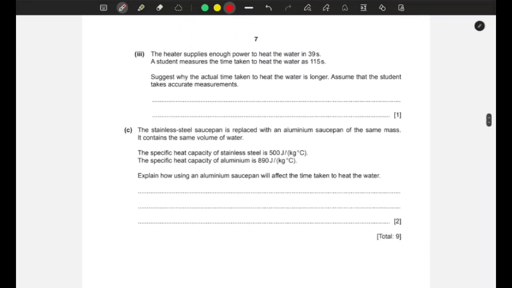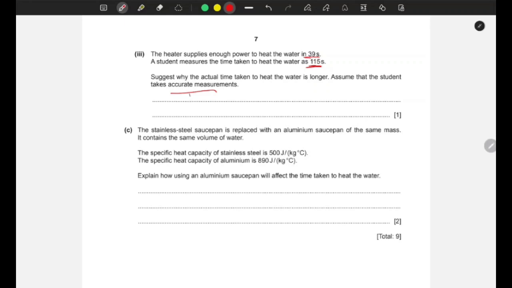Part 3. The heater supplies enough power to heat the water in 39 seconds. A student measures the time taken to heat the water as 115 seconds. Suggest why the actual time taken to heat the water is longer. Assume that the student takes accurate measurements. So what happens is it's heat energy, and heat energy can be dissipated. It can transfer to the saucepan.